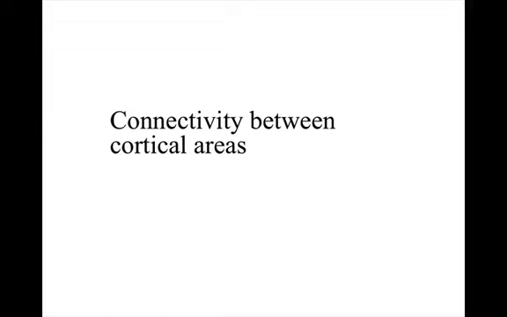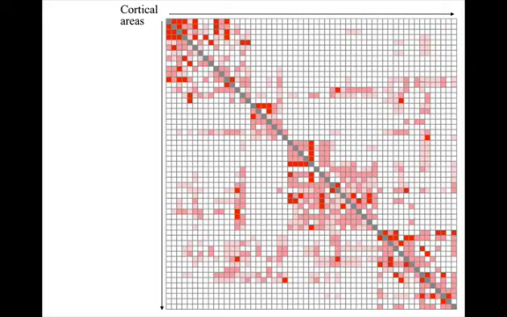Another significant aspect of cortical areas is the different degrees of connectivity between different areas. In this diagram, each small square indicates the degree of connectivity from one area to another area.